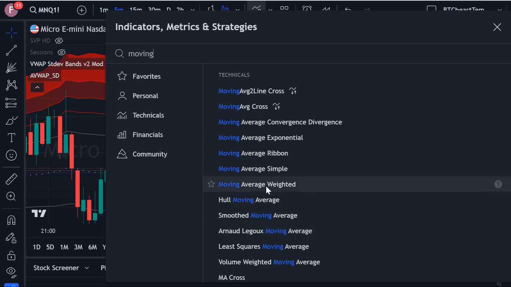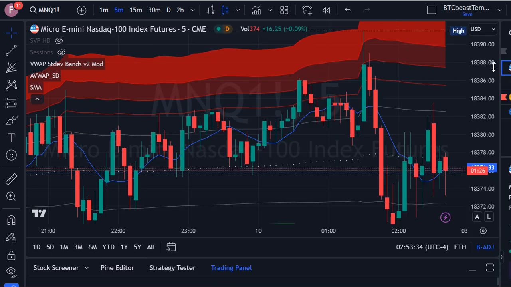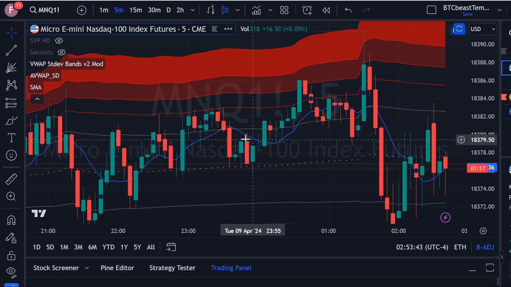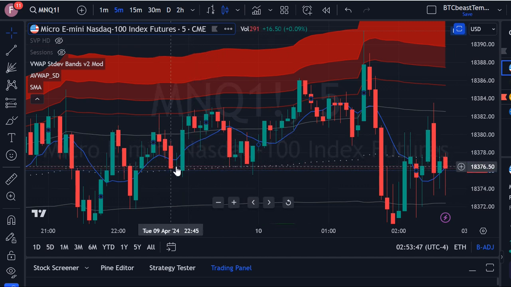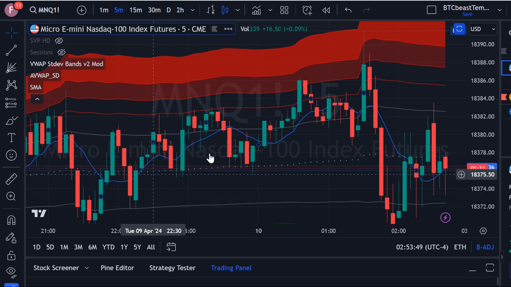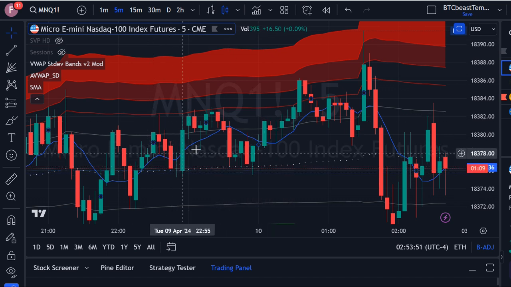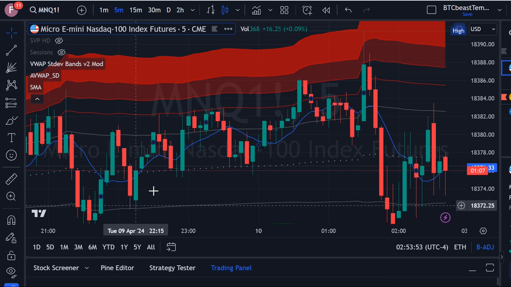This one is more general, and you can use a simple or an exponential. There's not that much difference. There's all kinds of crazy ones, there's hulls, there's all kinds of things. Particularly with slopes, you want a slower moving average just to get a general guide of how fast the trend is moving upward or downward.